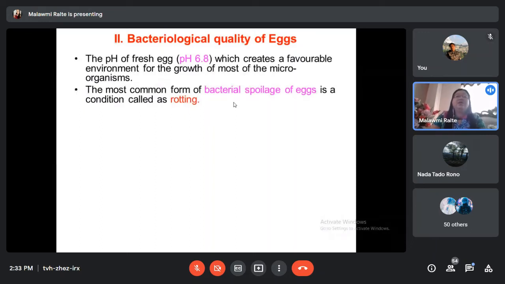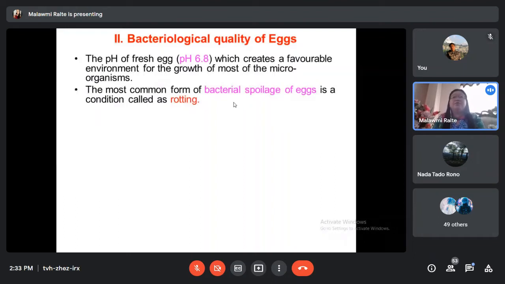So the most common form of bacterial spoilage in egg is called rotting. So please don't get confused with mottling. Mottling means just the discoloration of the egg, mostly the yolk of the egg, and that is due to drugs like nicarbazine, monensin, and due to deficiency of vitamin A. So that is called mottling.